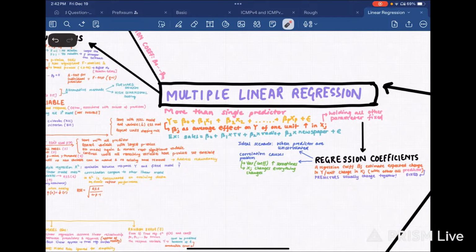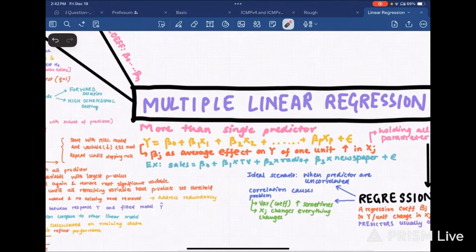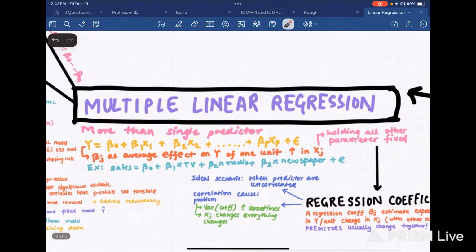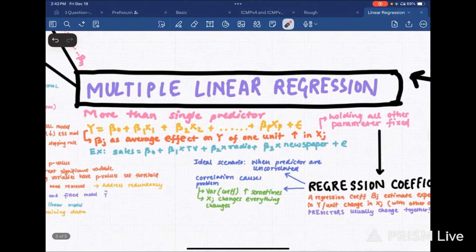The next part we will see is multiple linear regression. In multiple regression, there is more than a single parameter, or you can say predictor. Earlier we had only one x, so it was beta naught plus beta 1 into x1. Now we have taken more predictors, and these will contribute here.